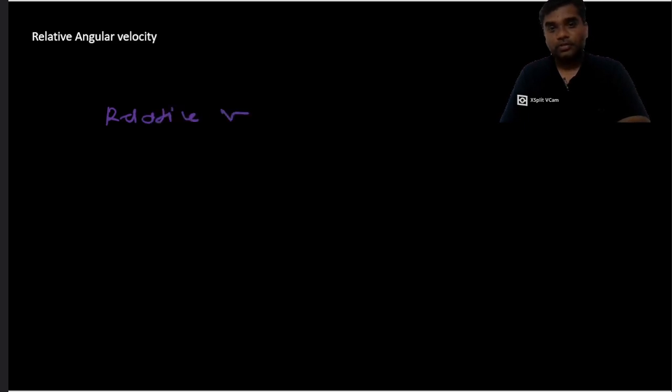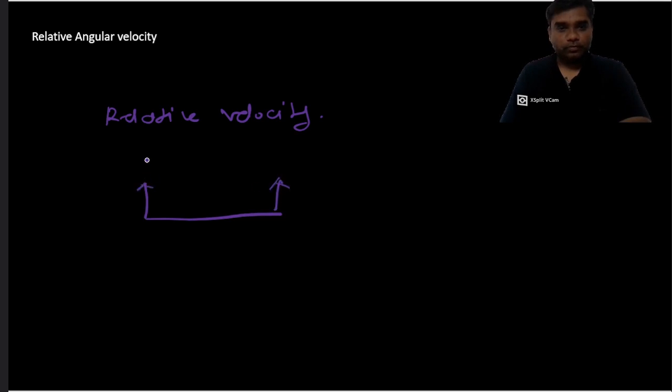Suppose there are two bodies having velocities va and vb, and the distance between them is r.